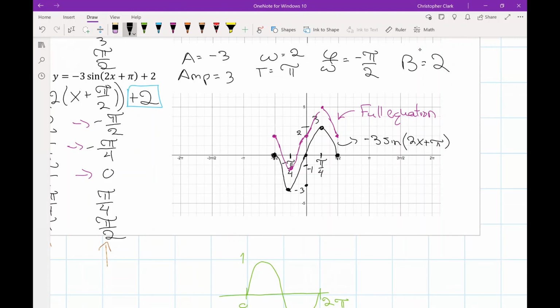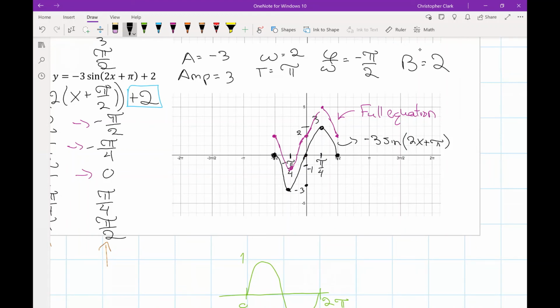Excuse me, everything but the 2, everything but b. So that's what these equations look like, right? Again, because this 2 is greater than 1, and remember that things that are done in the argument are the opposite, so we divide by 2, we expect that it shrunk horizontally, which it did. Then we expect that it stretched vertically, which it did.